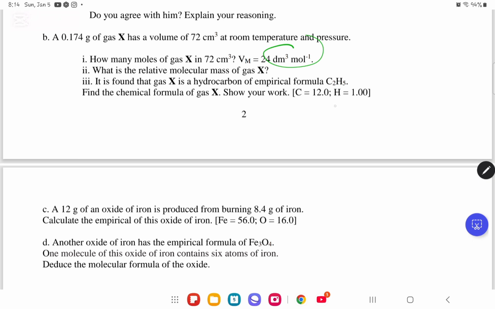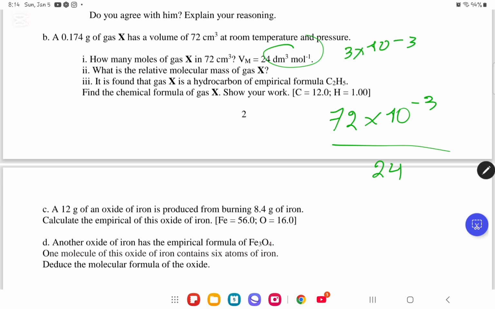That means we need to change centimeter cubed to decimeter cubed. Very simply, we multiply by 10 to the power of minus 3, okay, divided by 24. So the given volume divided by the original volume. And we are gonna get 3 times 10 to the power of negative 3.